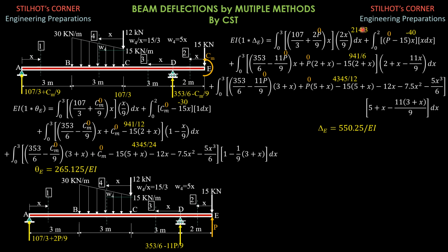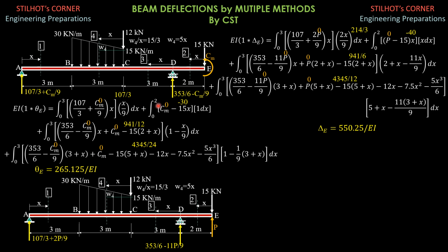Setting P 0 and evaluating the integral, it is 214 over 3. Then at section 2, integral of P times x minus 15, or P minus 15 times x. The derivative with respect to P is x dx, limit 0 to 2. Setting P 0 and evaluating the integral, it is negative 40.